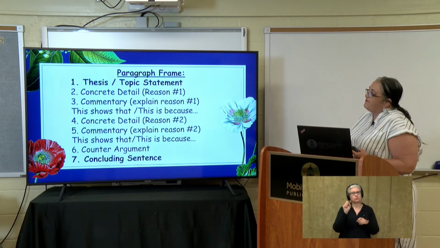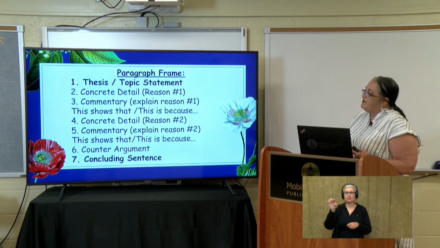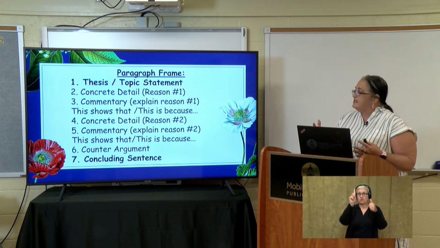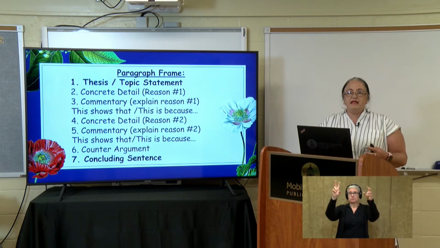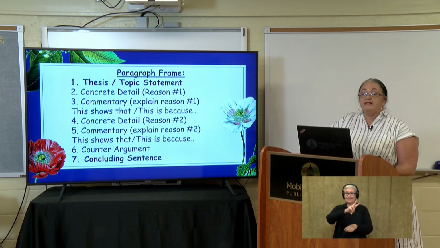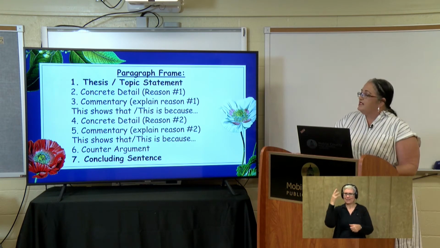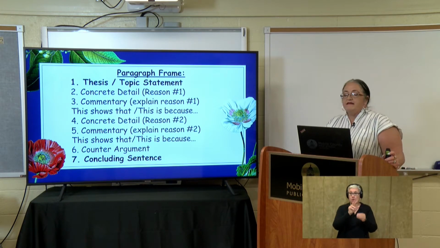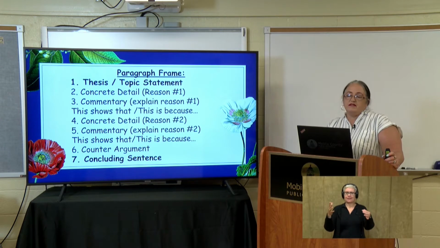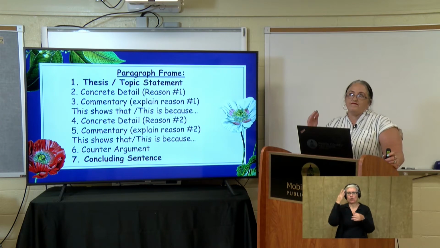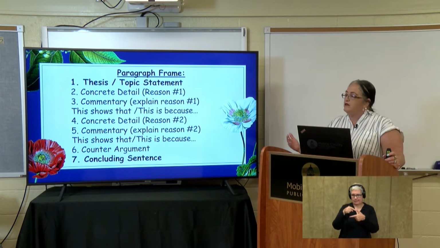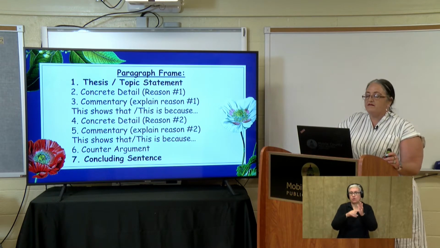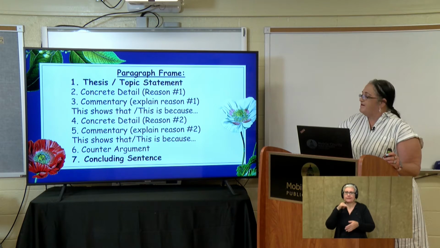So this is a frame that you could use. The first sentence should always be your thesis or your topic sentence. The second sentence should be a concrete detail, your reason number 1. Next, your commentary, explaining reason number 1. Sentence starters that are very good, and sometimes easier to lead on, are "this shows that" or "this is because," and then of course you put your own words within that.